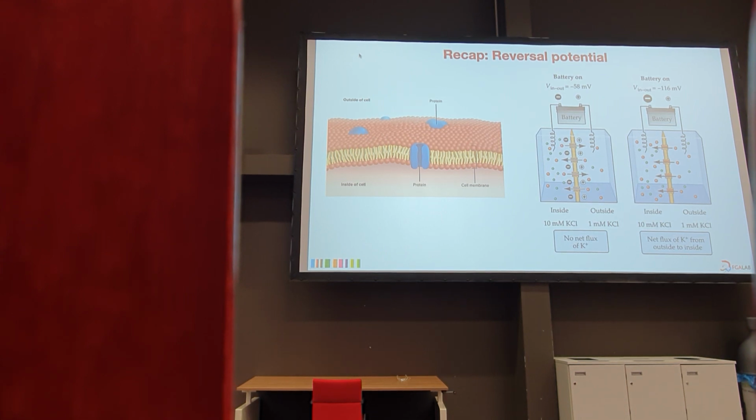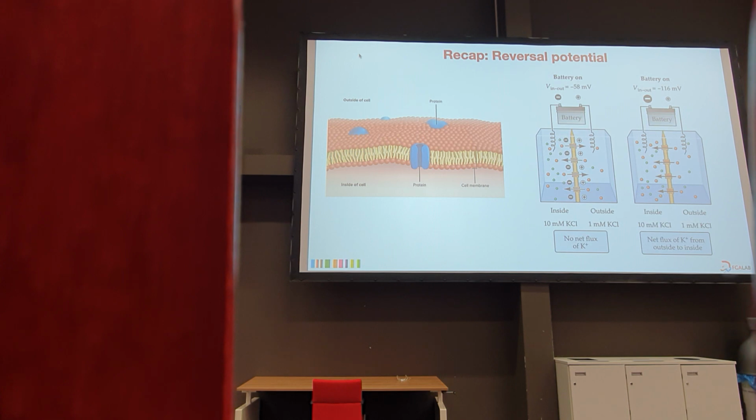So you have a diffusion force this way, but an electrical force this way, and at a certain potential there's an equilibrium between the diffusion force and the electrical force. That's the electrochemical equilibrium, and that's also where you have the reversal potential, or the equilibrium potential, for that particular ion.